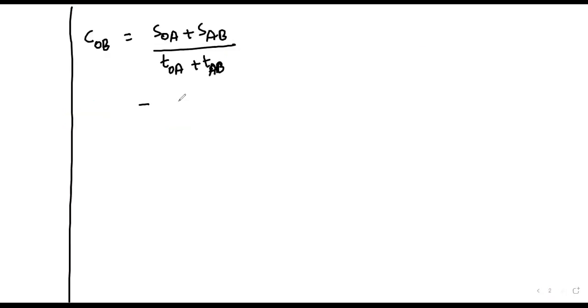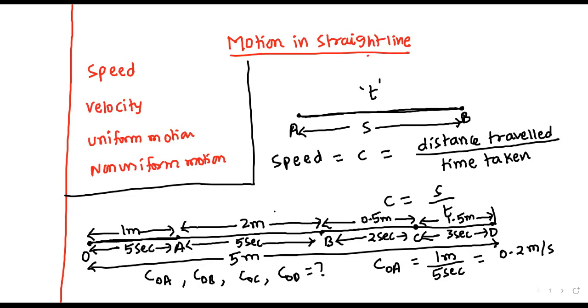So it is 3 meters by 10 seconds. So speed of OB is 0.3 meter per second. Next, similarly, speed of OC. What will be the distance traveled?